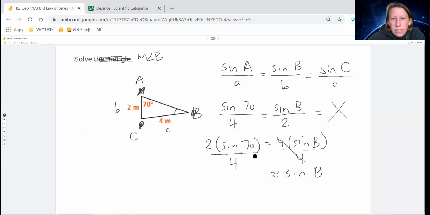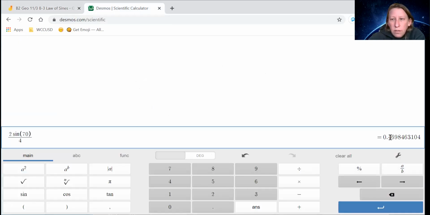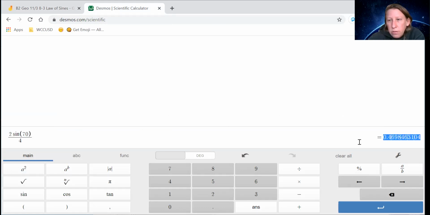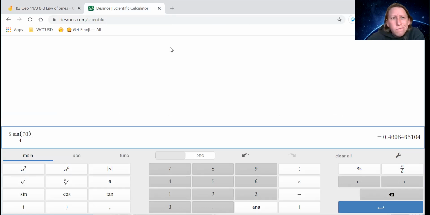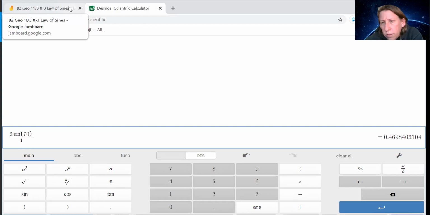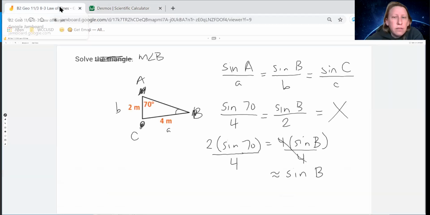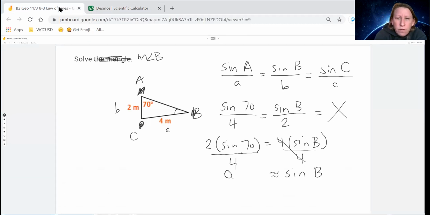Yeah, 2 times the sine of 70 divided by 4. Okay, so I get this decimal: 0.4698.